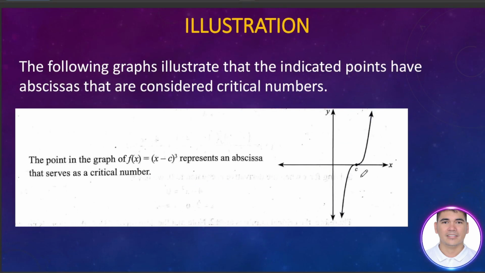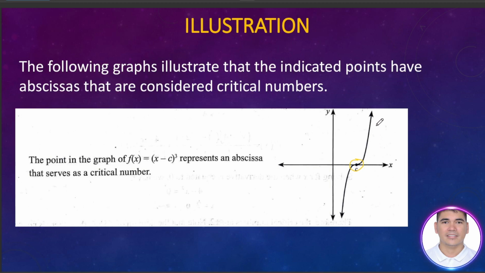Next one, the point in the graph of f of x is equal to the cube root of x minus c represents an abscissa that serves as a critical number. Here, as you observe, we can see that this number letter c is a critical number because it is part of the domain of the function. And then the derivative here is equal to 0.